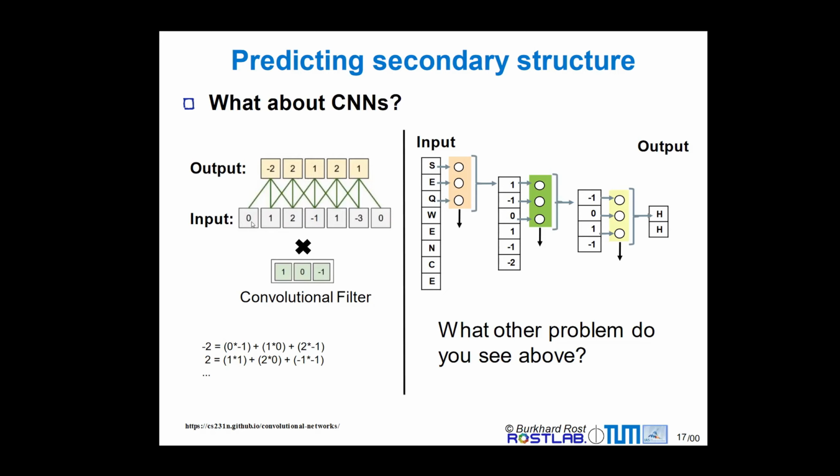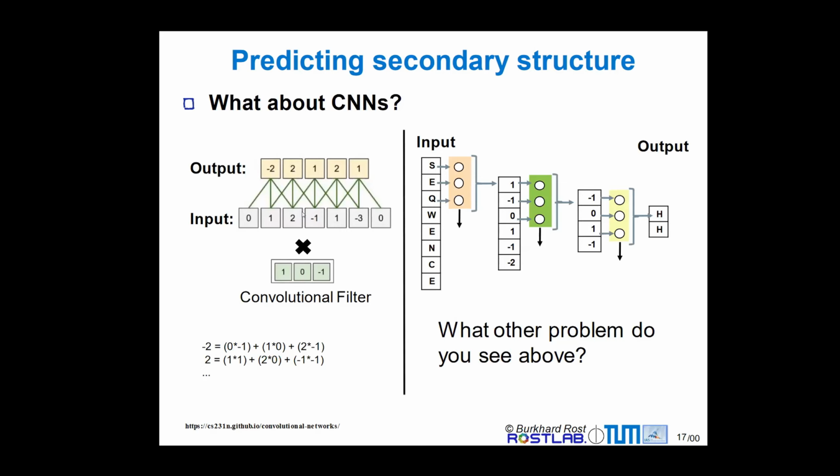In the first step, you would multiply the 0 here with the 1 down here, the 1 in this input with the kernel of 0 here, and the 2 in the input with the -1 here. You multiply all those and you sum them, shown here, and then you get as a result the -2. Then you move the kernel by 1 step. You multiply the 1 here with the 1 here, the 2 here with the 0 here, the -1 here with the -1 here.